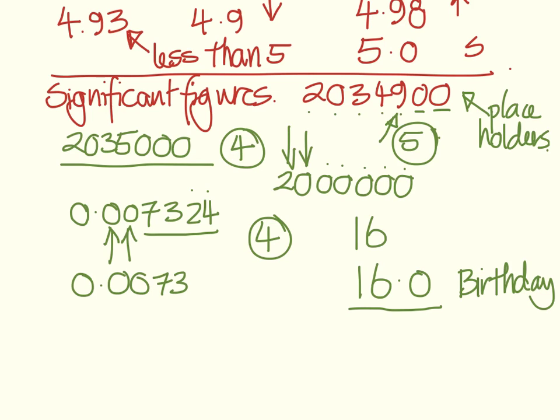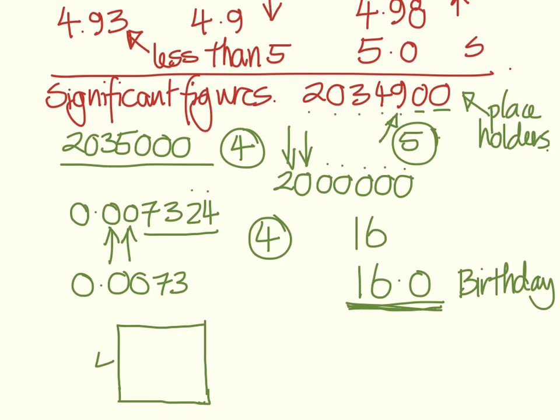So this is much more accurate, and although they look as if they're the same number, we know that 16.0 has in fact got 3 significant figures. That 0 is significant.